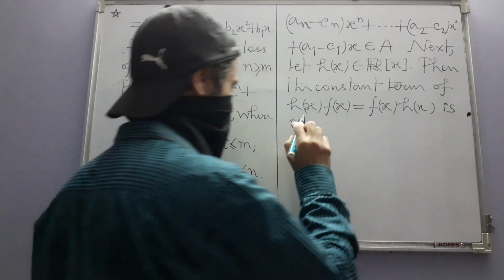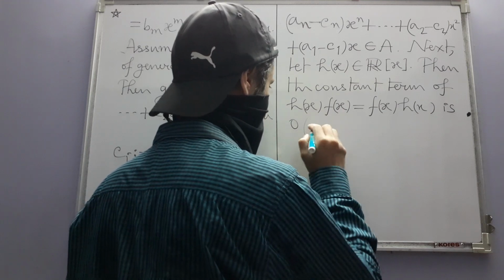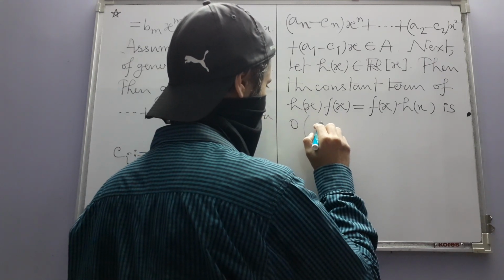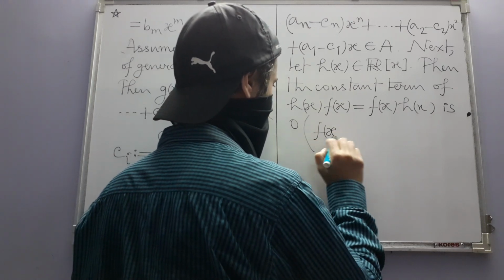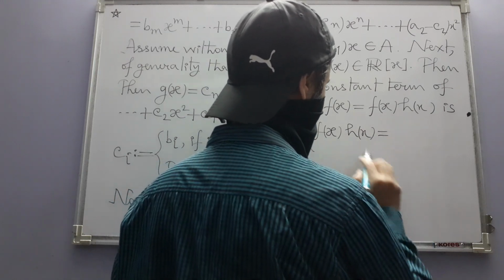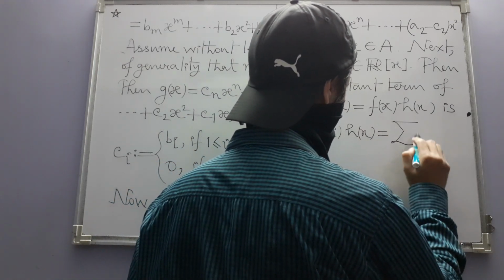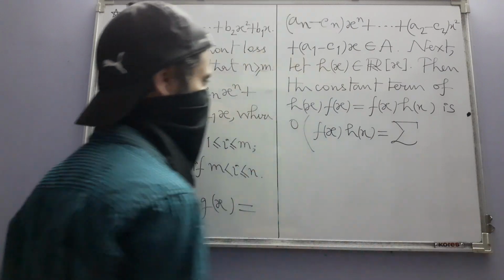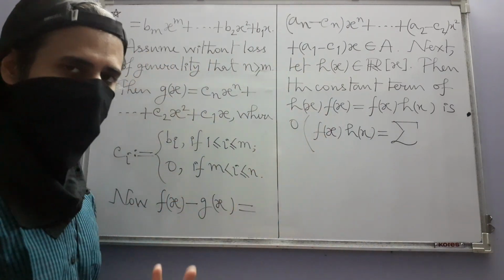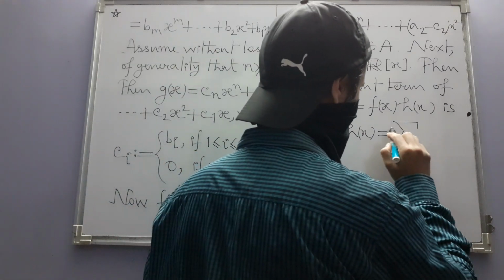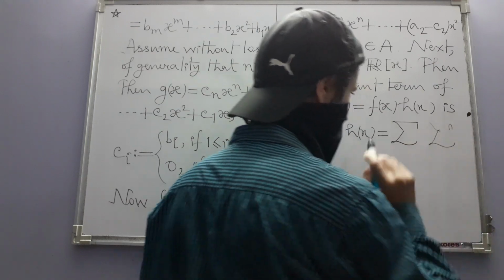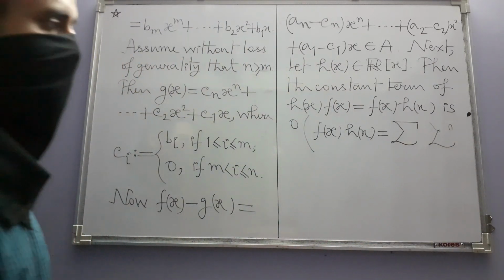And let me at least remind you what the product looks like. The product is just going to be this, no? F times h of x would be a summation. I don't want to again write the expression for h of x, and you know what this thing is going to be. It's a polynomial after all, where each coefficient is given by a sum. You know what that is.